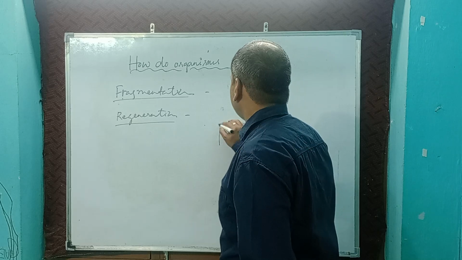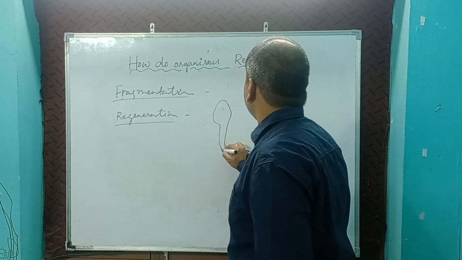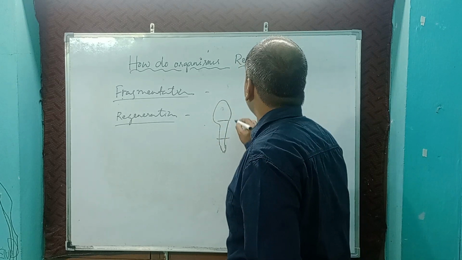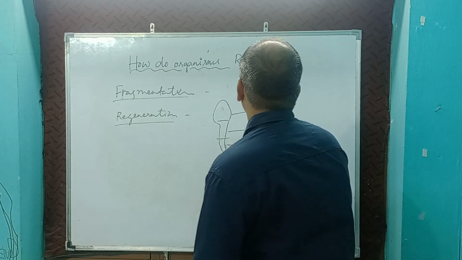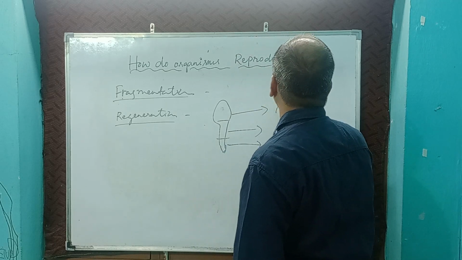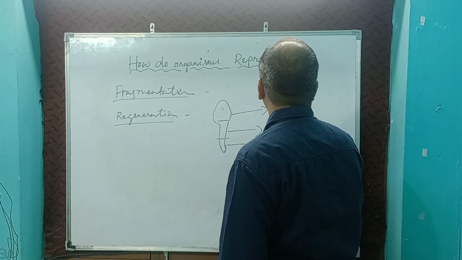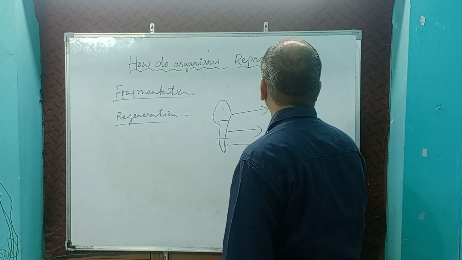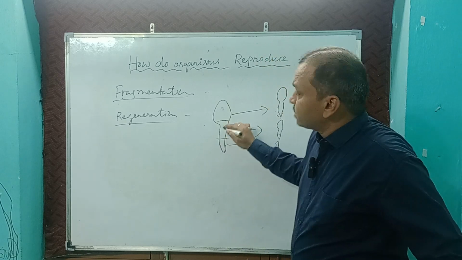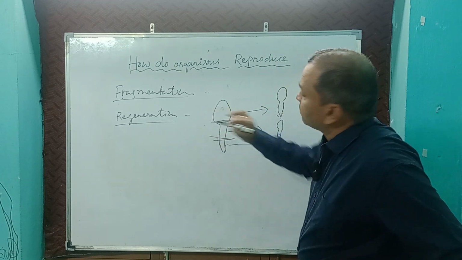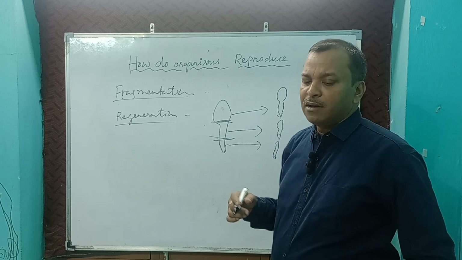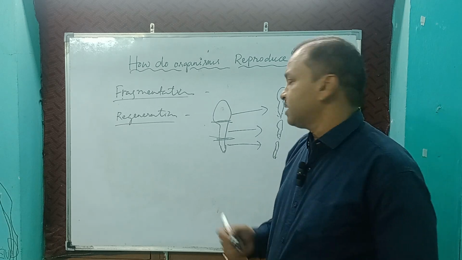Suppose, as given in your book, it is cut into three parts. Each part will give another individual. It can cut itself into three pieces, or four pieces.